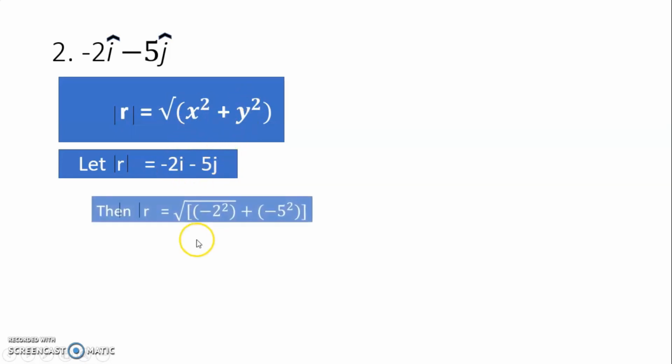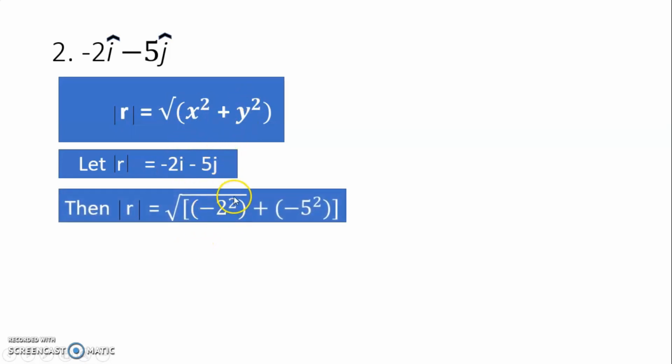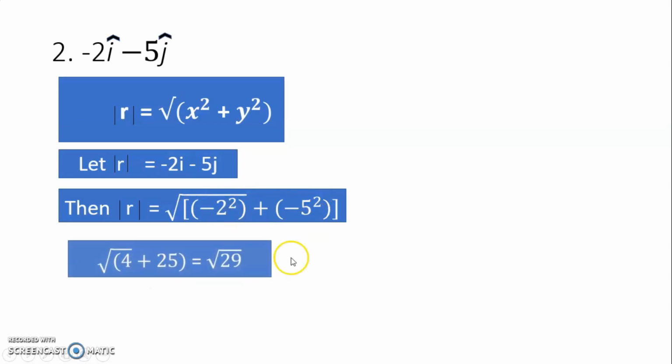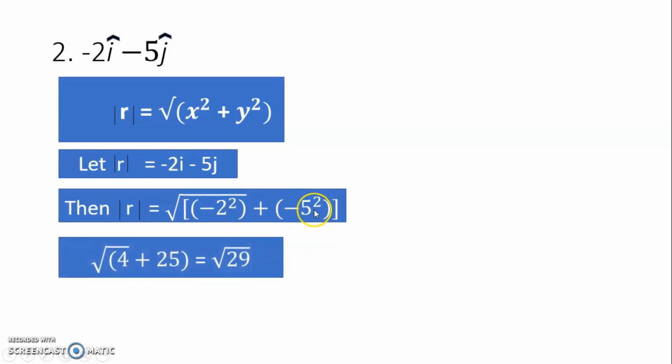Anywhere we see x, we put minus 2. So minus 2 squared plus y is minus 5 squared. Minus 2 squared is minus 2 times minus 2, which is 4. Minus 5 squared is minus 5 times minus 5, which is 25. So 4 plus 25 is equal to 29. So we have the square root of 29.